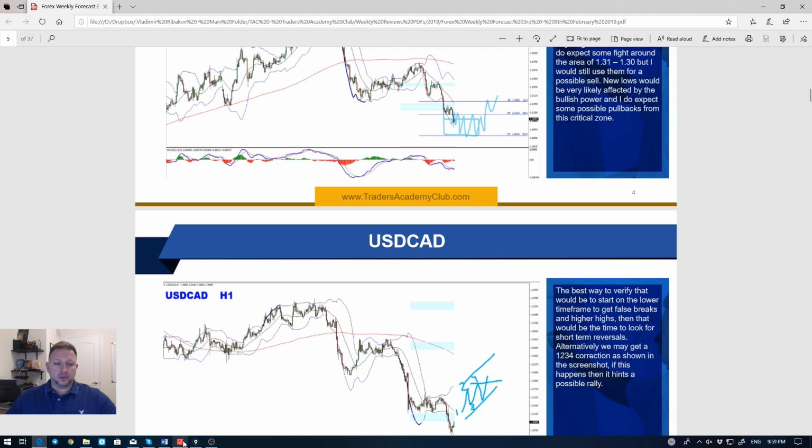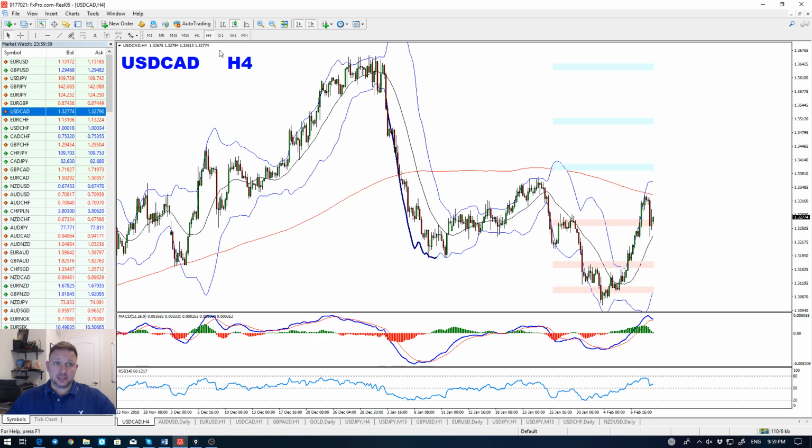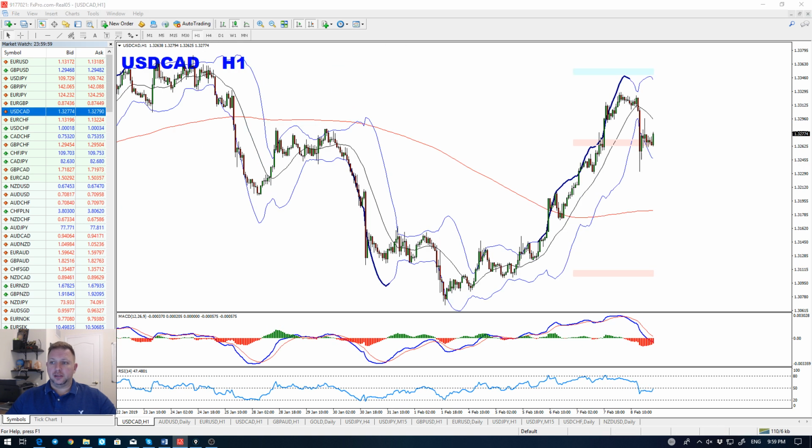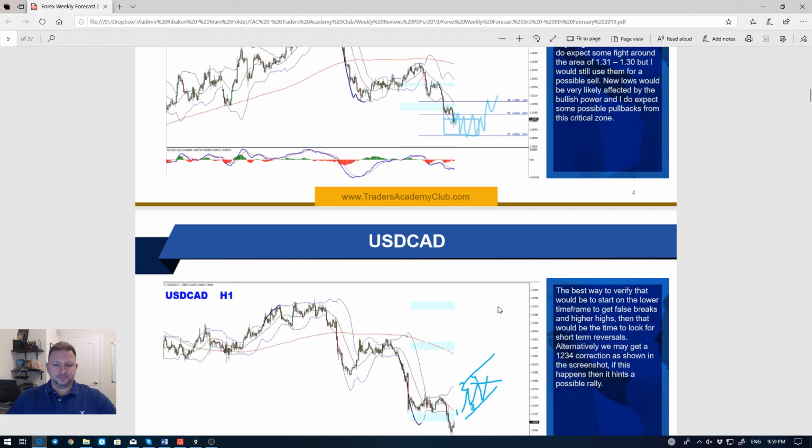So dollar CAD is what our plan, and basically this is exactly what we saw happening, right? This is where we got our structure 1, 2, 3, 4, as we wanted to see, and breakout. Since this moment, dollar CAD provided us a beautiful correction to the upside, right?